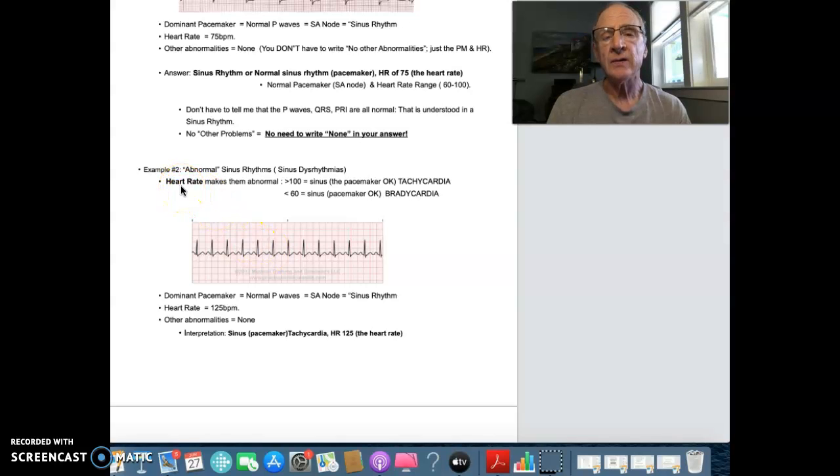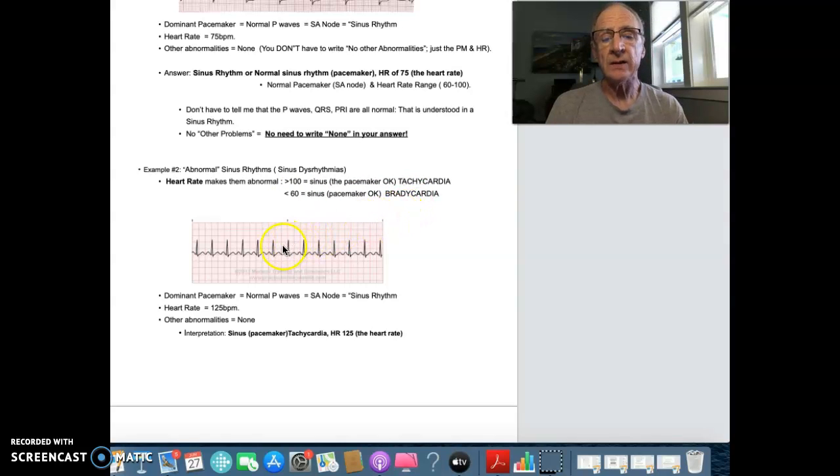When you're talking about sinus rhythms, not all the time, but most of the time, the reason they're abnormal is because the heart rate is either too fast or too slow. So if the heart rate is greater than 100 beats per minute, that puts it in the category of being a tachycardia. If you have a sinus rhythm and the heart rate is lower than 60, that puts it in the category of a bradycardia.